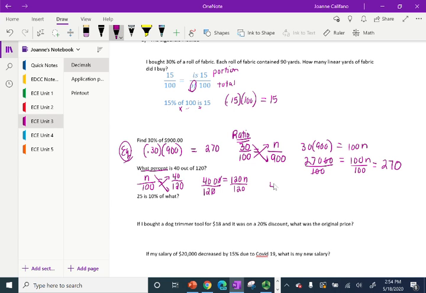I still have to do that math though, don't I? Gives me 33. Looks like I'm going to have a repeat going on here. Add a 0, bring it down. So it looks like it's going to be 33 1/3%.